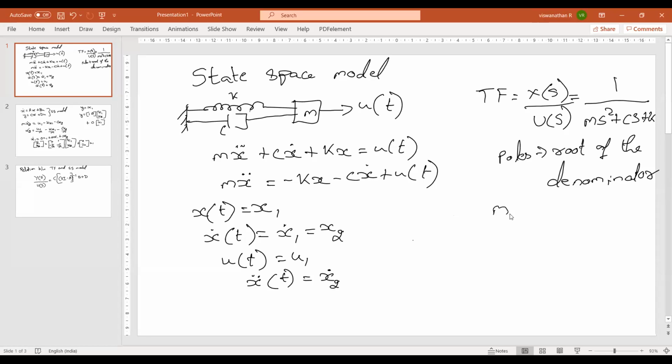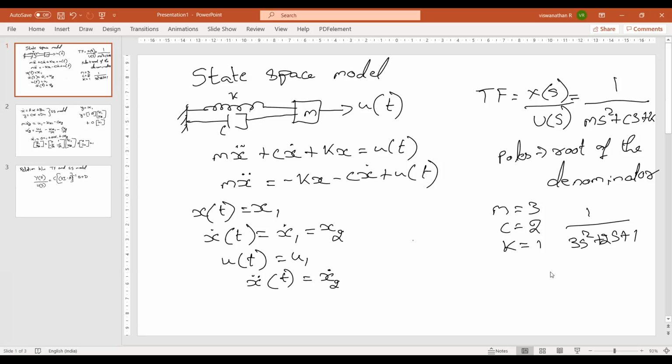M say is equal to 3, c is equal to 2, some random values I'm taking, k is equal to 1. Then the transfer function will be 1 divided by 3s square plus 2s plus 1.